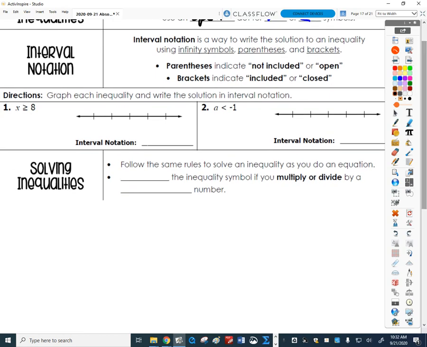So let's do a couple things here. Let's just take some simple examples, and let's first of all graph. How would I graph x is greater than or equal to 8? Well, here's a number line. I'm going to make this 8 and that 9 and that 7.